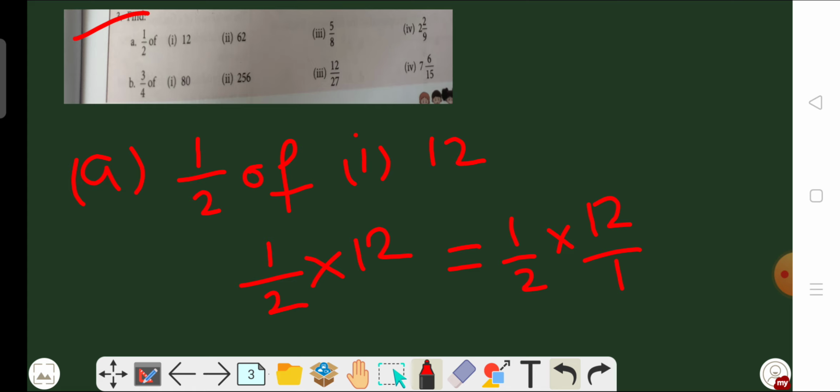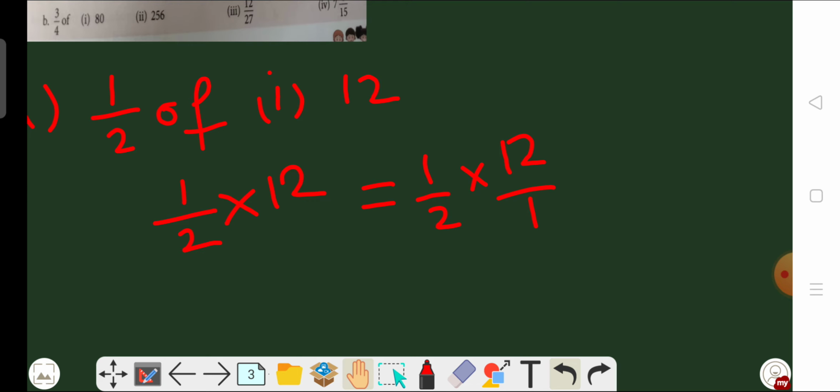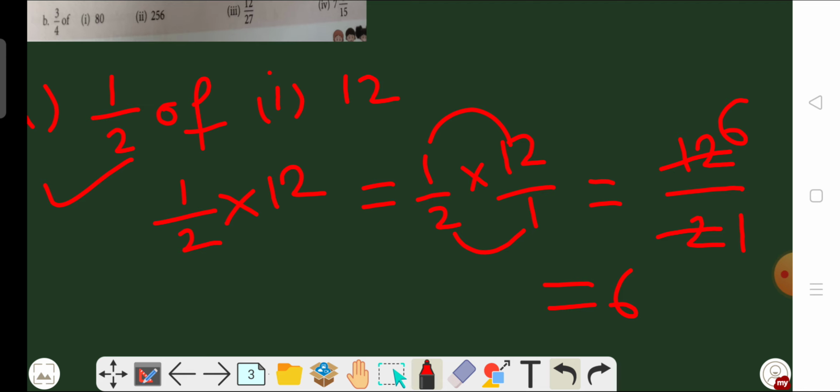Again we have to multiply the fractions, numerator to numerator, denominator to denominator. This will become 12 and this will become 2, and 2 is the highest common factor between numerator and denominator. After cancellation the result will become equal to 6. This is the solution of A part of question number third.